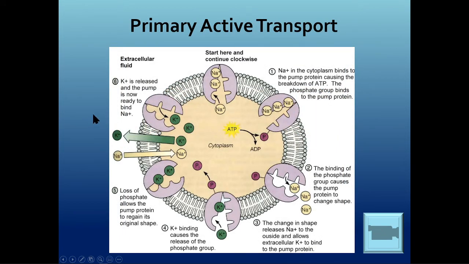All right, remember back from our original little schematic, besides passive diffusion or passive transport, we had active transport. So active transport requires an external energy source. You've got to use energy.